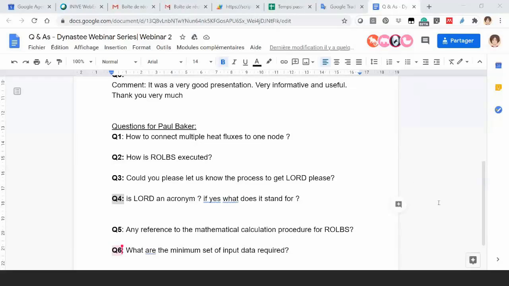So the last question now is, what is the minimum set of input data required? If you mean by the parameters, then, for example, if you're measuring just heat flow through a wall, you need a temperature either side of the wall and the heat flow. But the length of the data, that's fairly open-ended, I would suggest.